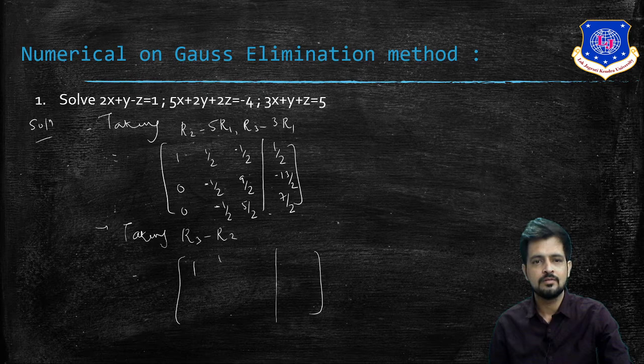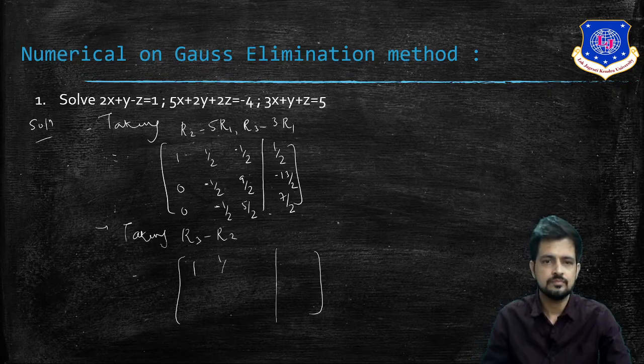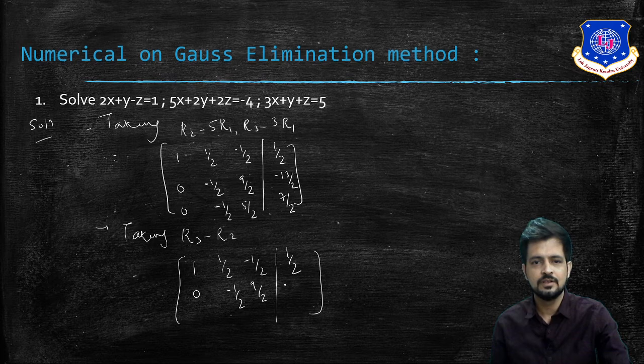So 1, 1 by 2, minus 1 by 2, 1 by 2, okay. 0, only R3 will change, rest of the elements of the rows will become same, okay. 5 by 2 minus 9 by 2, that is minus 2, and here 10 will come.